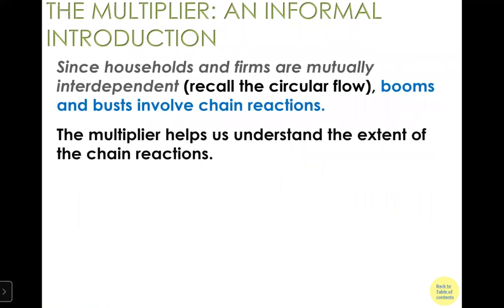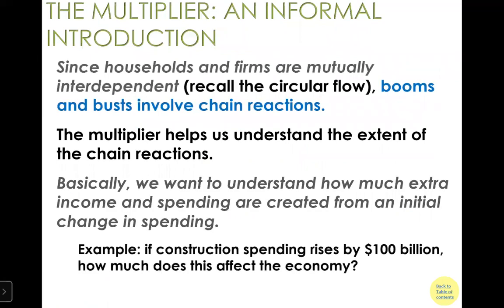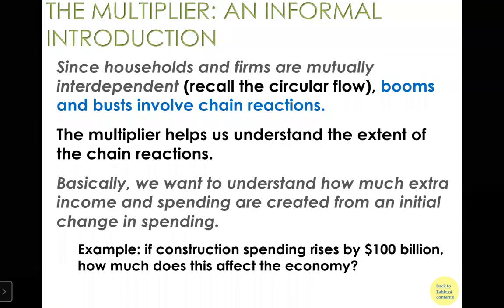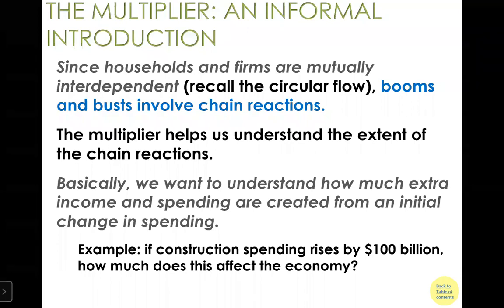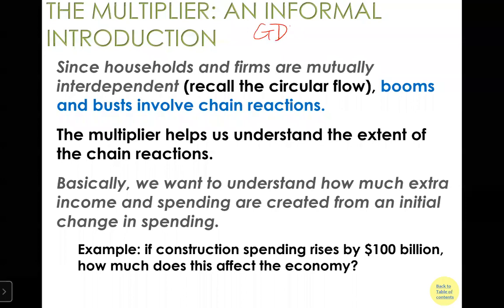Now, let's start with the multiplier. Once we understand this multiplier, we are going to understand what determines C, or how your consumption is going to be affected by your income. By the way, remember we say GDP has three approaches.